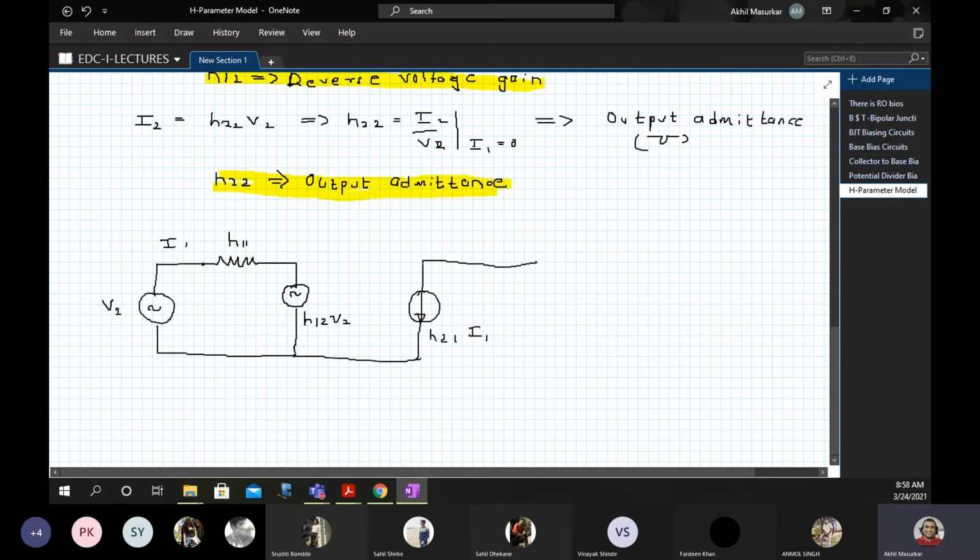Then here this is my admittance, that is 1 by H22 will give me resistance, and finally here I have got V2, and V2 gives me a current of I2.